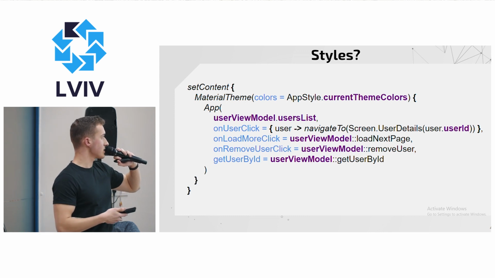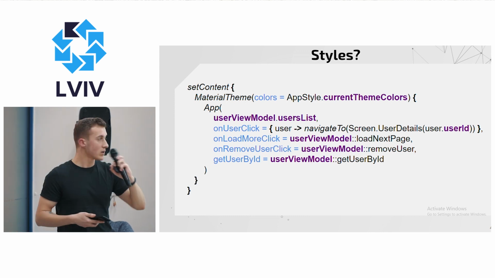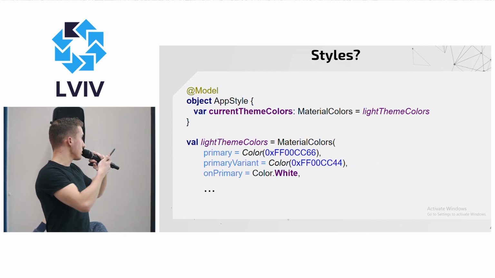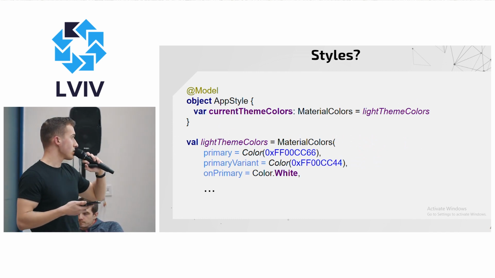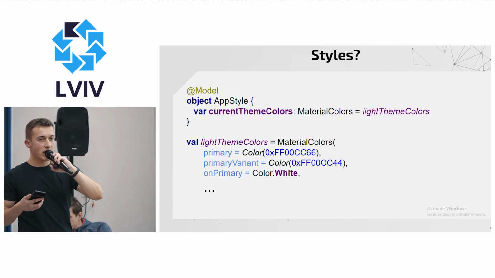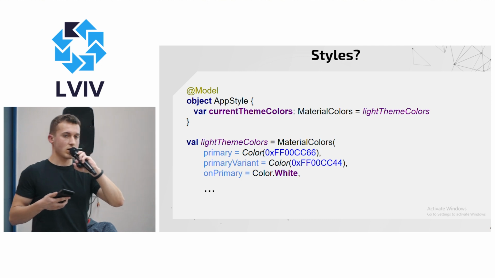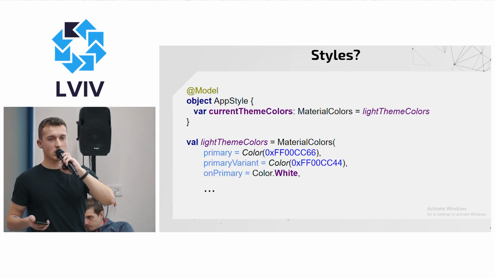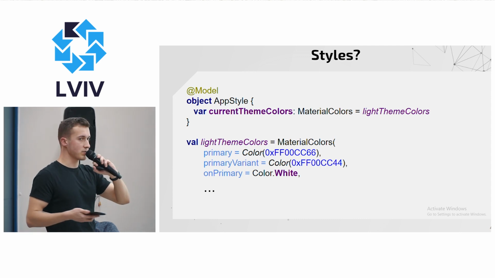For example, here it's current theme colors. It looks like that. It's also model, it's also observable. So if we change this variable at runtime, it will change the theme for our whole application at the same time.